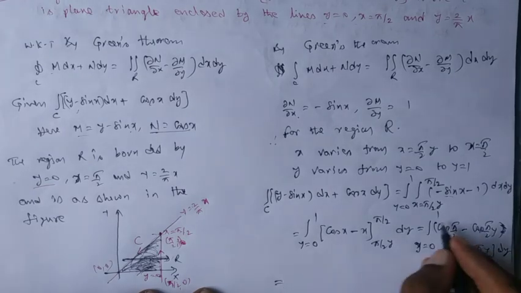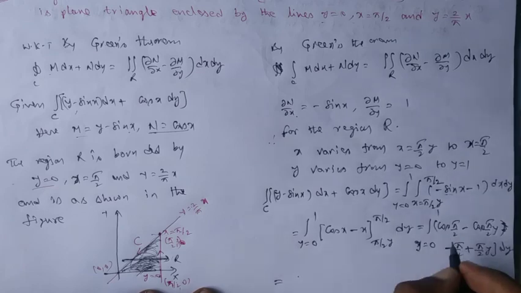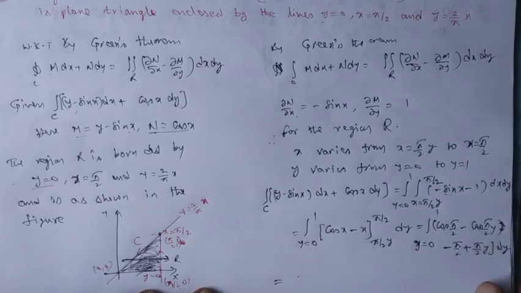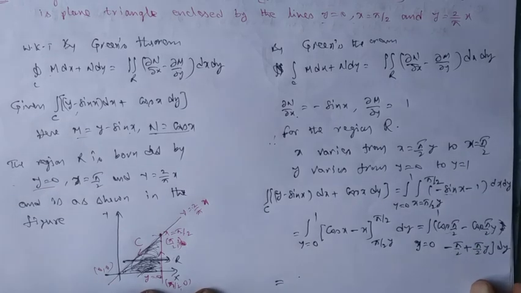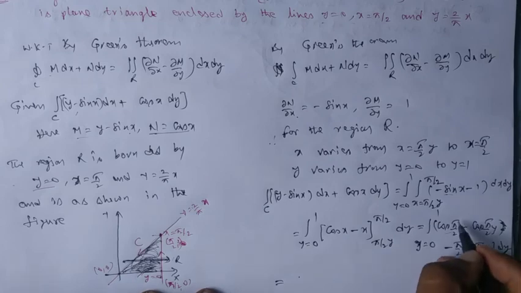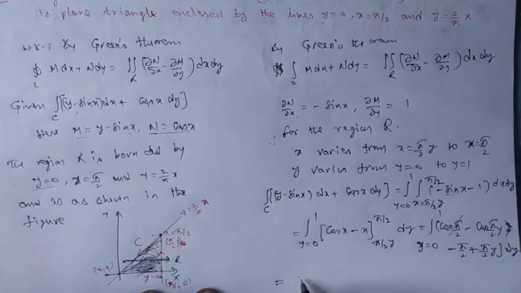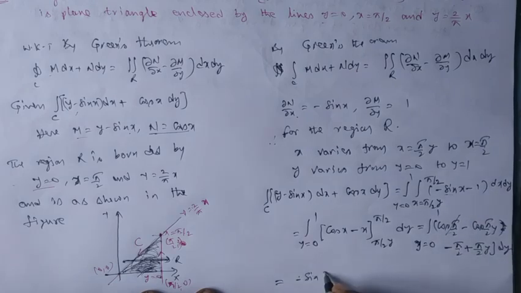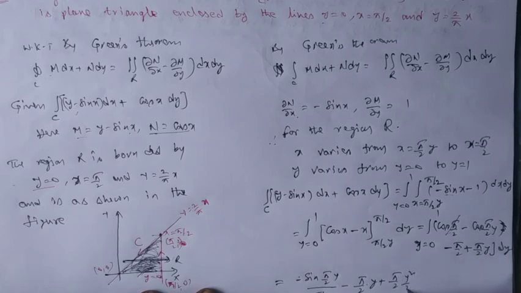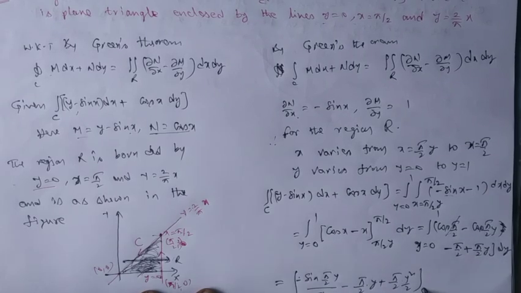Now evaluating this integration, cos pi by 2 we know is 0, so we need not take any integration for that. I can cancel this directly. The integration of cos pi by 2y is sin pi by 2y divided by pi by 2, with the minus sign, and for minus pi by 2 it is pi by 2 into y, and for the last one it is pi by 2 into y square by 2, over the limits 0 to 1.